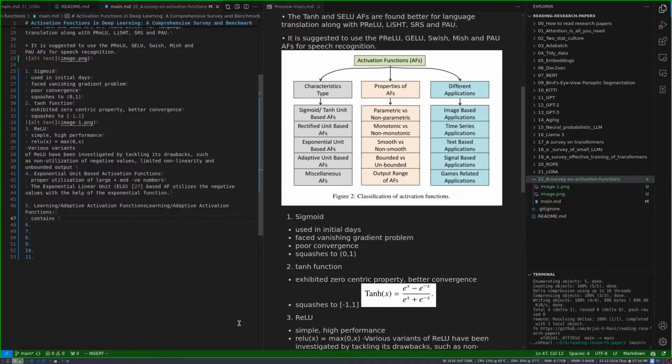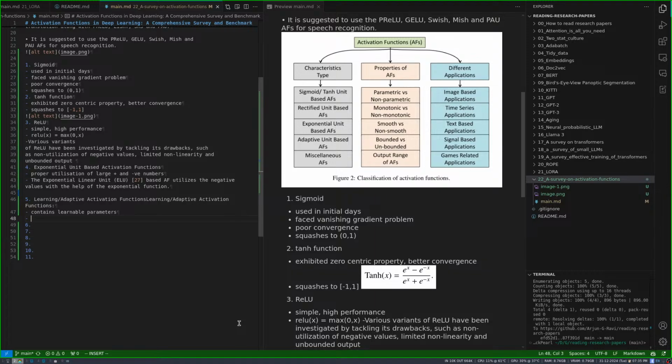Contains learnable parameters. Can work on very complex problems.